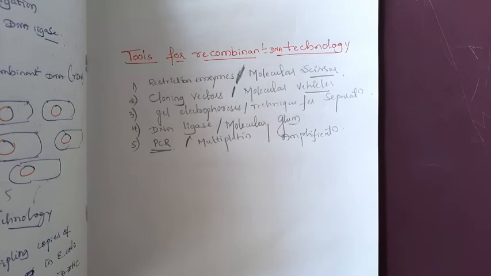DNA ligase fixes the gene of interest into the plasmid. PCR is for multiplication or amplification. This is all about the tools necessary for recombinant DNA technology. We will discuss these tools one by one. First we will start with the restriction enzymes.